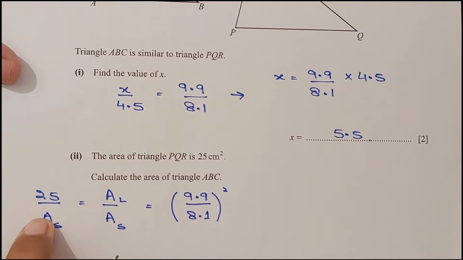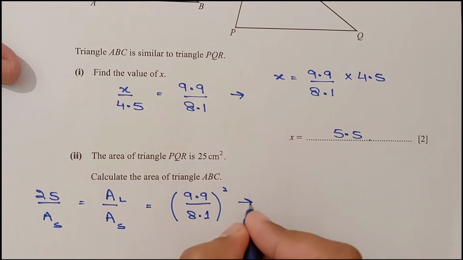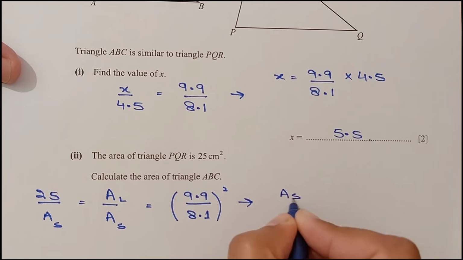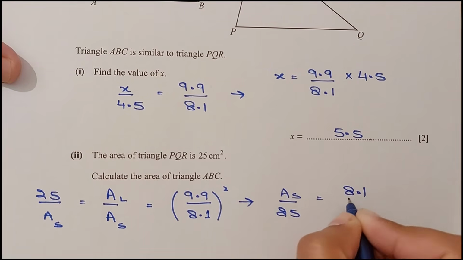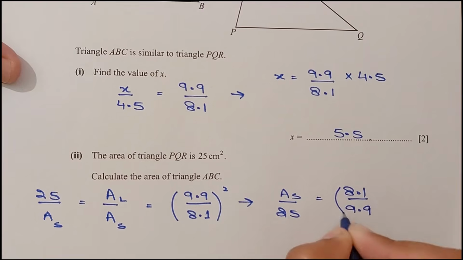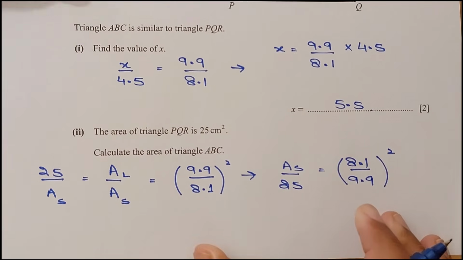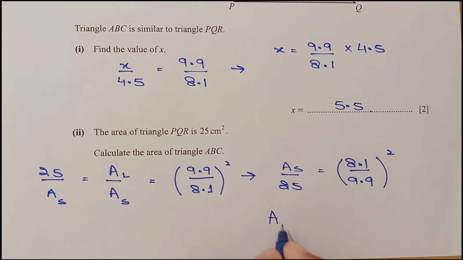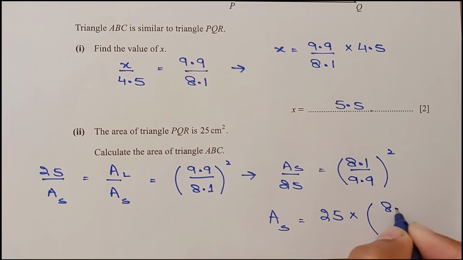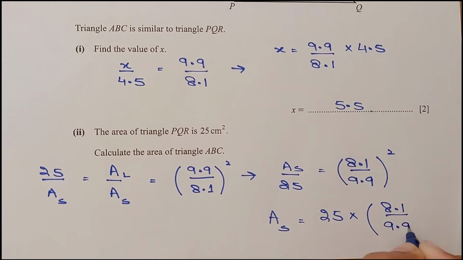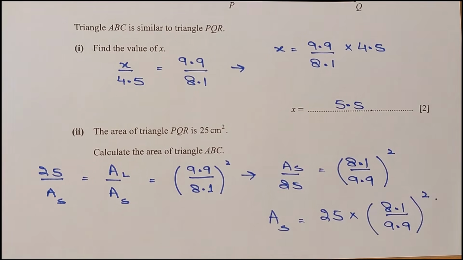So this is in the denominator, doing the reciprocal on both sides: area of small over 25 equals 8.1 over 9.9 whole square. So the area of triangle ABC we can find by doing 25 times 8.1 square over 9.9 square. Right, let me simplify.